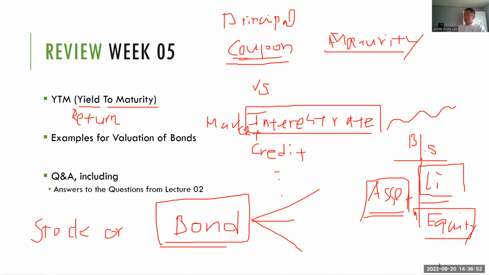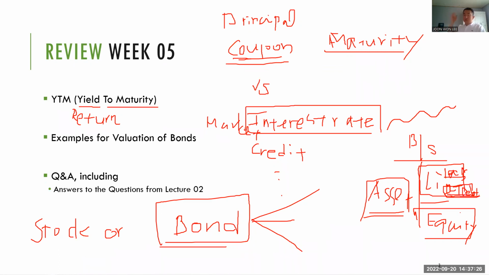So in the liabilities section, you may find some loans or some long-term debt, right? Loans or long-term debt.